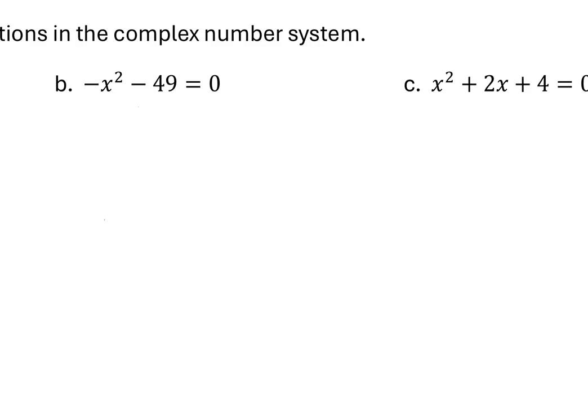So I'm going to start by adding 49. We get negative x squared equals 49. And then I also need to get rid of the negative here. So I'm going to divide by negative 1. We get x squared equals negative 49.